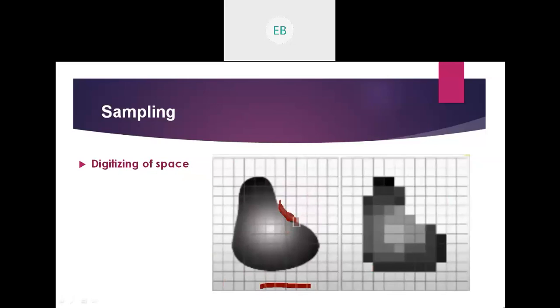When we talk about a particular line, it consists of infinite points in it. We can't see it with the naked eye, but there are infinite points in this line.